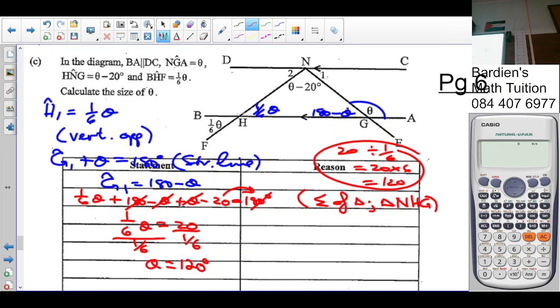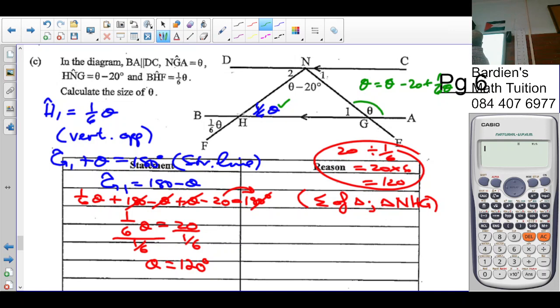So yesterday I told you there was another way we could have done it. If we calculate that, we work out H1, vertically opposite. Instead of working that out, I could have said theta is equal to theta minus 20 plus 1/6 theta. And what theorem am I using here? What rule am I using here?